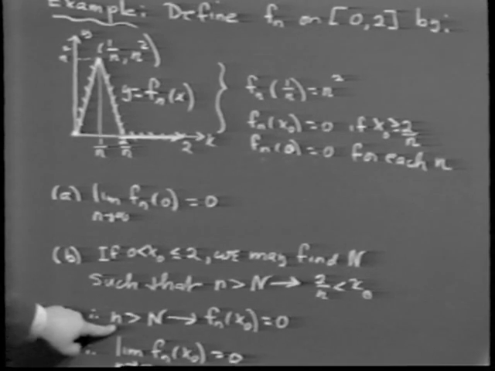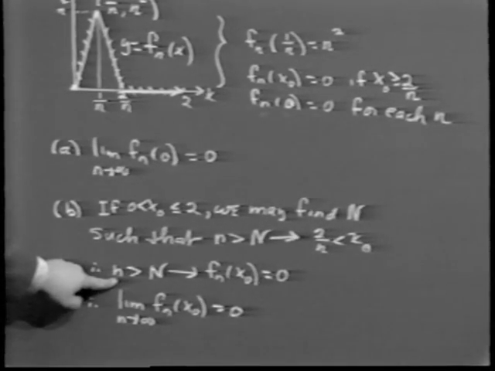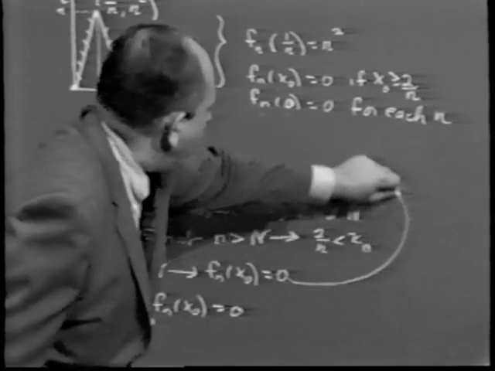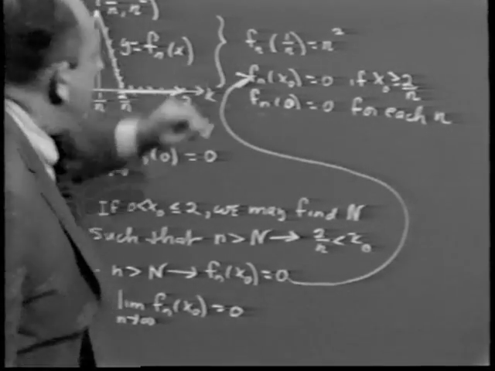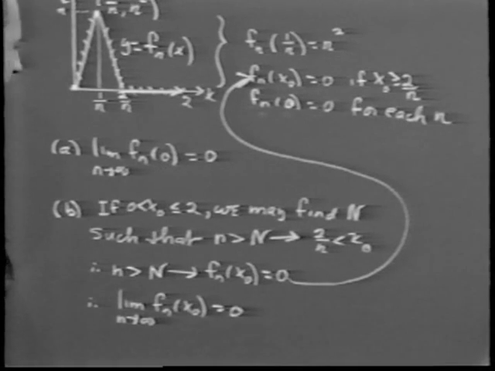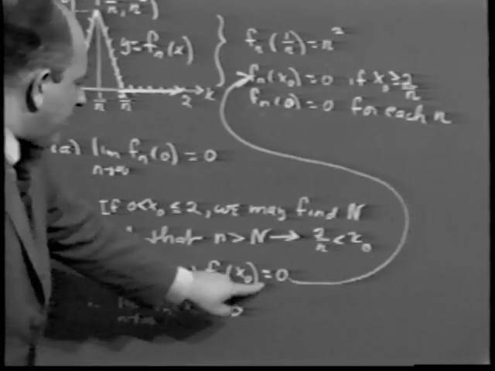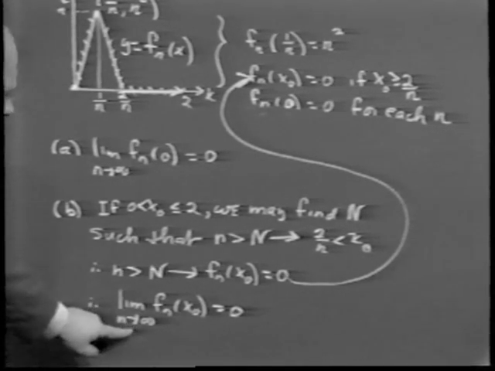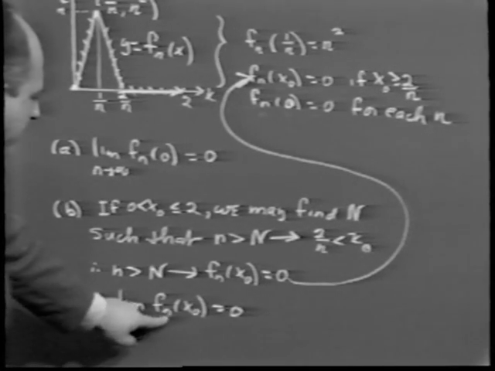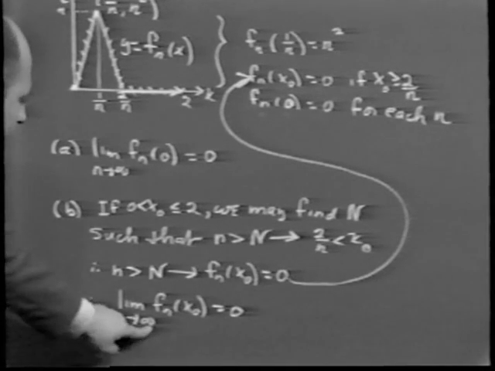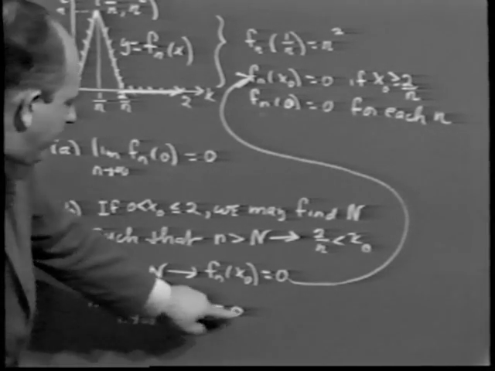In particular, when that happens, if we couple this with our earlier observation, what earlier observation? Well, this one. If we couple that with our earlier observation, we see that when n is greater than capital N, f sub n of x0 is 0. Correspondingly, then, the limit of f sub n of x0 as n approaches infinity, by definition, is 0.